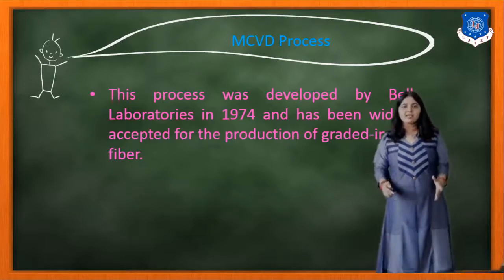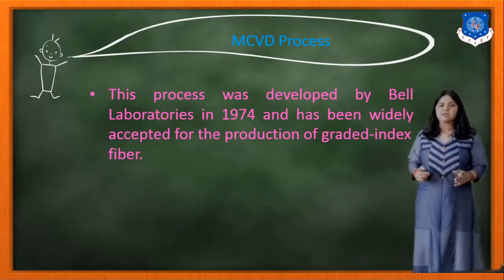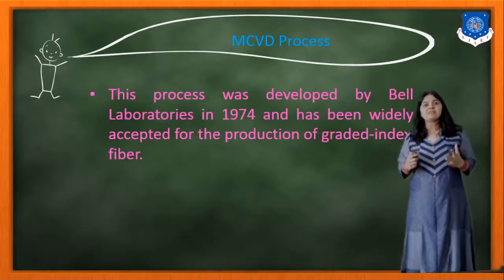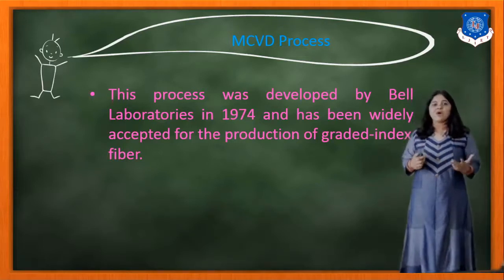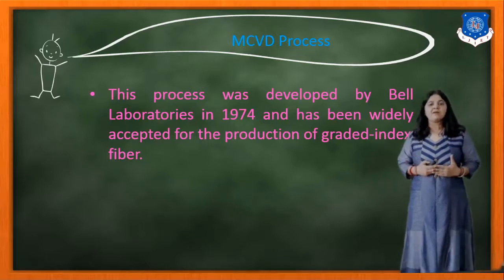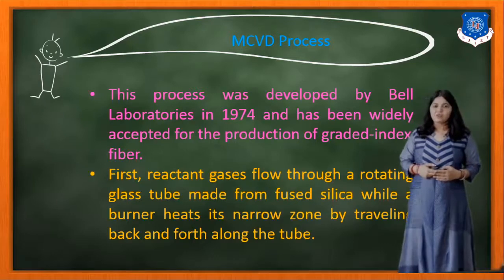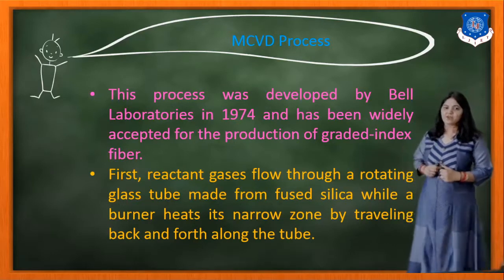This process was developed at the Bell Laboratories in the year 1974, and it is widely accepted for the production of graded index fiber. First of all, it is for the graded index fiber.